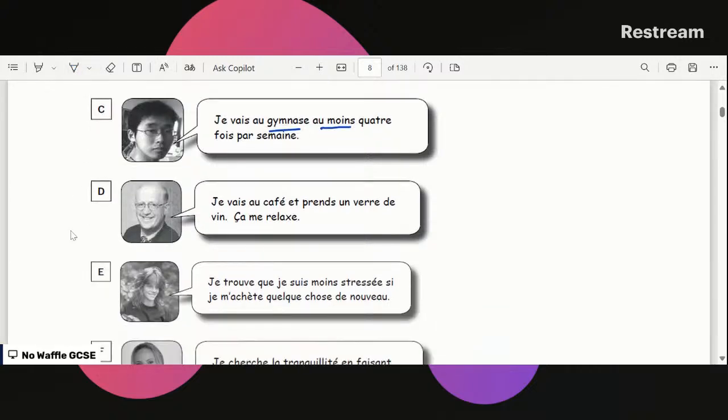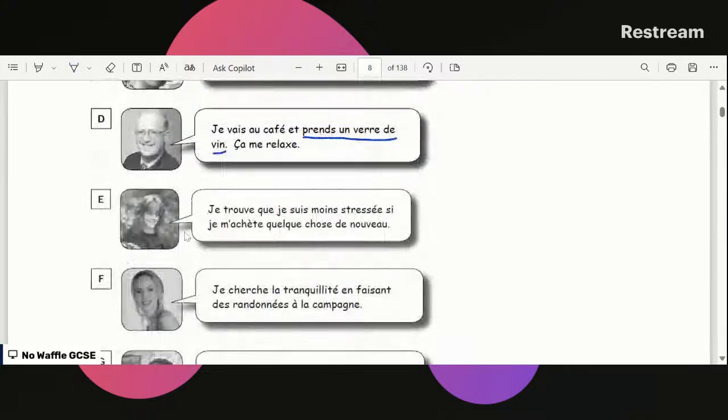Je vais au café et prends un verre de vin, ça me relaxe. So prends un verre de vin, that means take a glass of wine. So they use the word take a glass of wine as opposed to have a glass of wine. And ça me relaxe, that means it relaxes me.